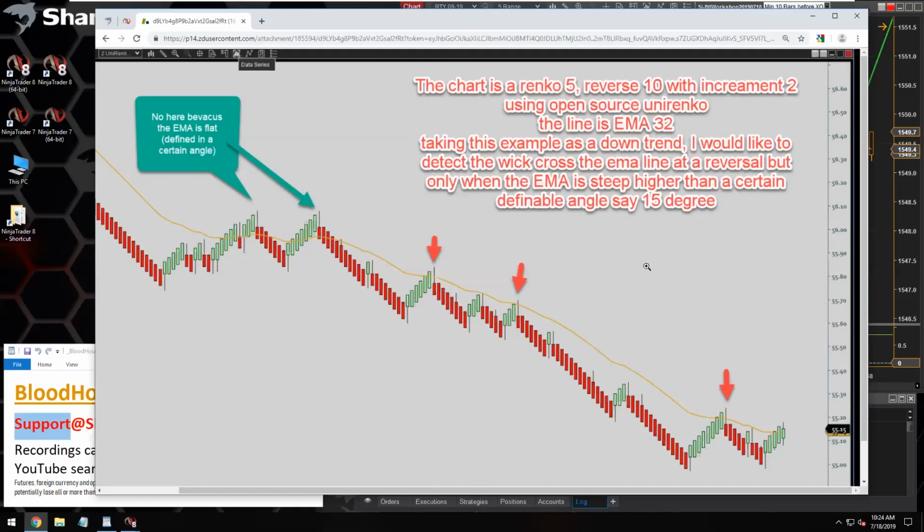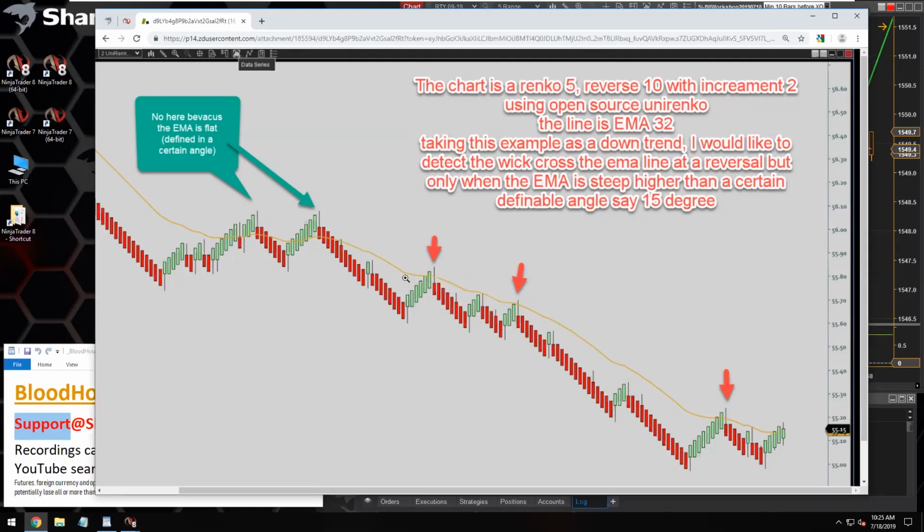You can measure slopes on a chart using a tick-based slope. So in any case, that won't be a problem. But just so everybody's technically aware, you cannot measure degrees on a chart. You have to have a fixed y-axis and a fixed x-axis in order to measure degrees properly.